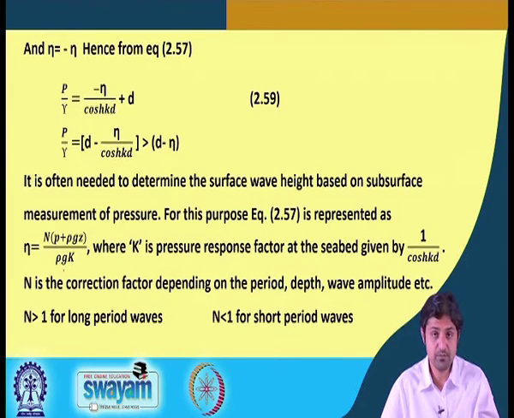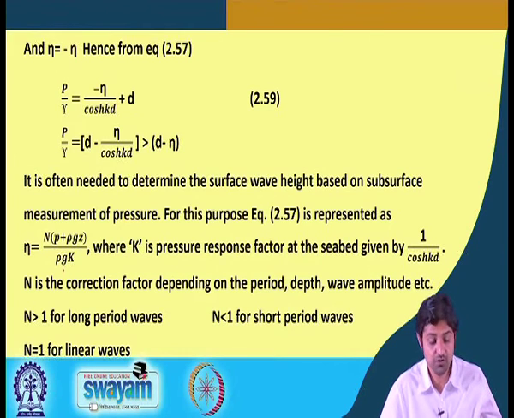It has been found that n should be greater than 1 for long period waves and n should be less than 1 for short period waves, and n is equal to 1 for linear waves, as we have seen already.